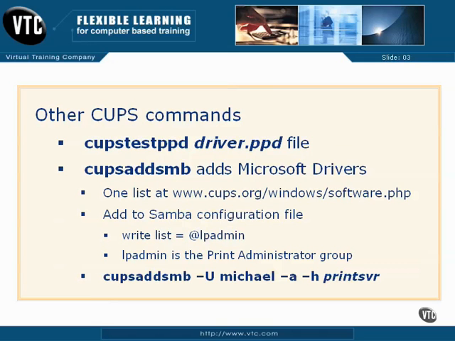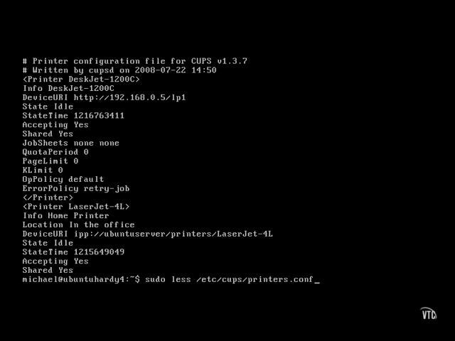Next, the cupstestppd command. It gets applied to a PPD file, generally with the PPD extension. Sample PPD files, especially for systems where printers have been configured, are available in the /etc/cups/ppd directory.